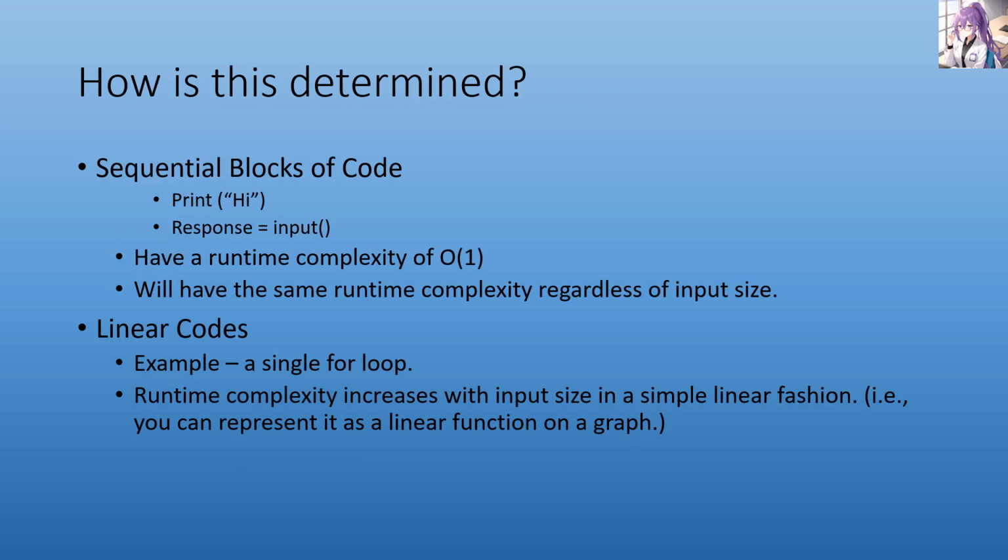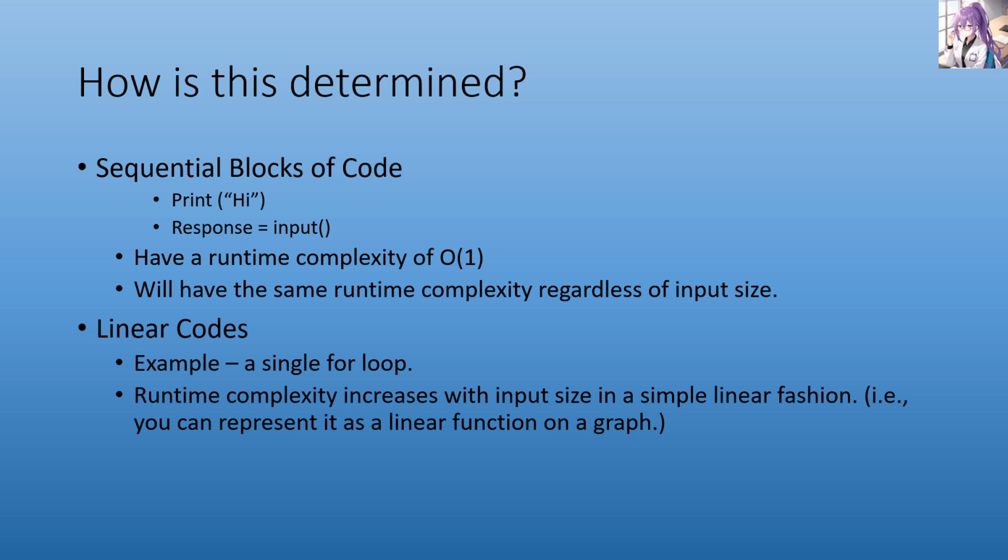If you are the curious type, you're probably wondering how runtime complexity is determined. This is a good question, but I do not have time to go over it fully here. But if you have something like sequential blocks of code that will run the same amount of time regardless of the input, you essentially have a runtime complexity generic category of O of 1.